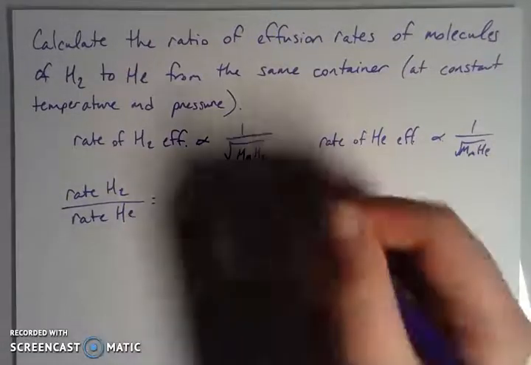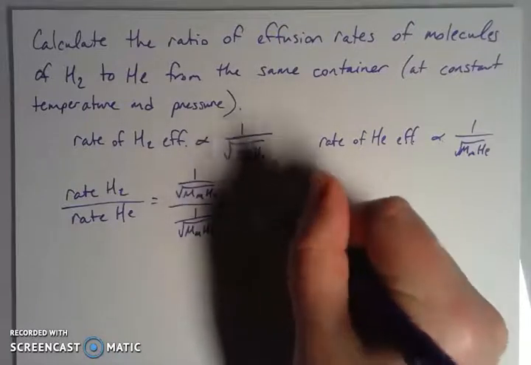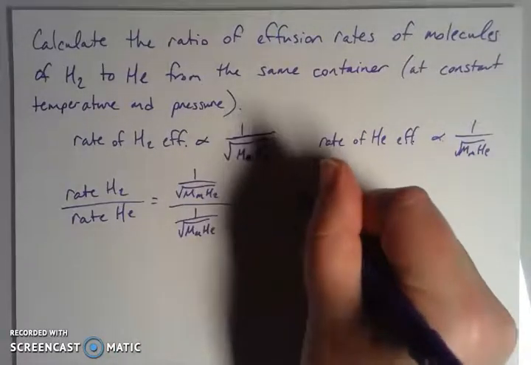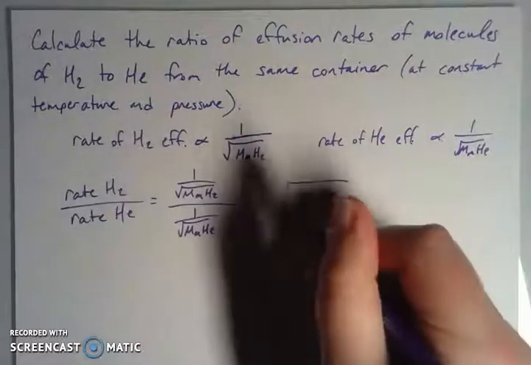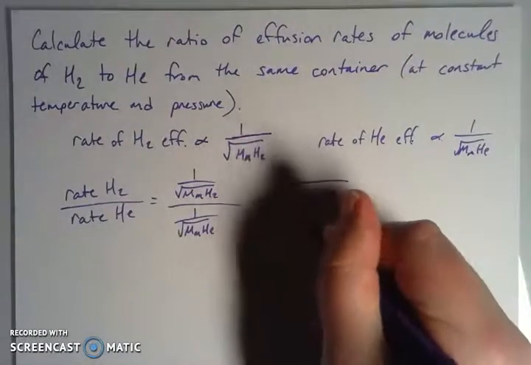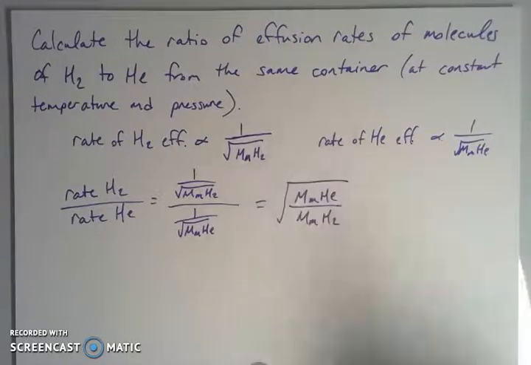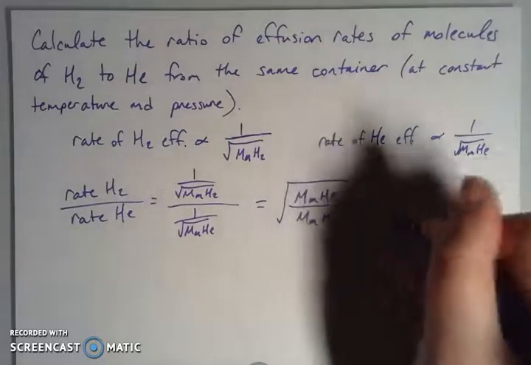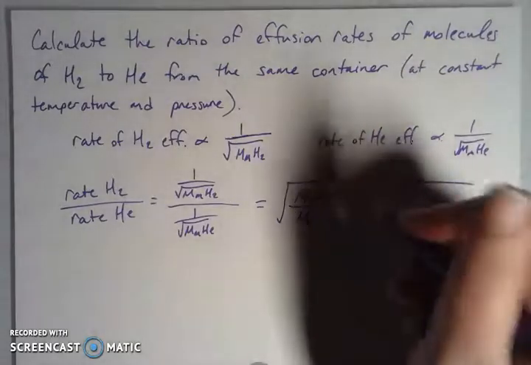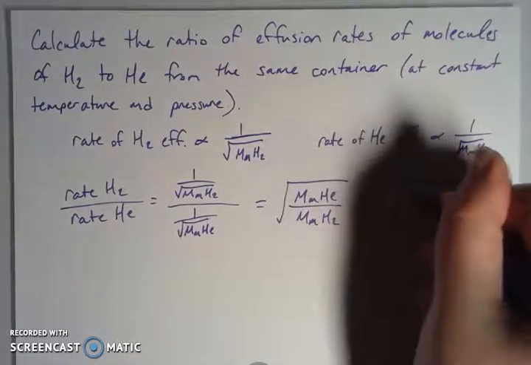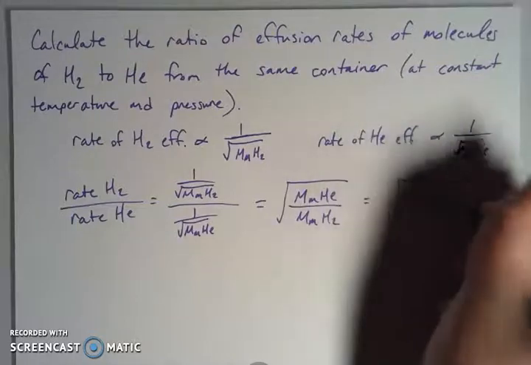Okay, so if I do some math magic, then I can combine these together. And because I'm taking the inverse of the inverse, I flip these around and do this. And then I'm going to actually plug these in. So I go to the periodic table and I find that the molar mass of helium is 4.003 grams per mole.